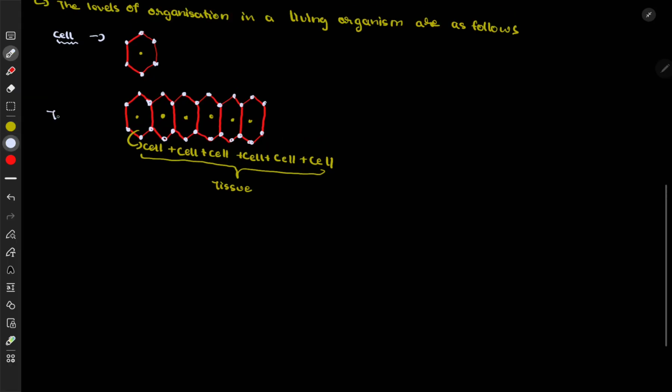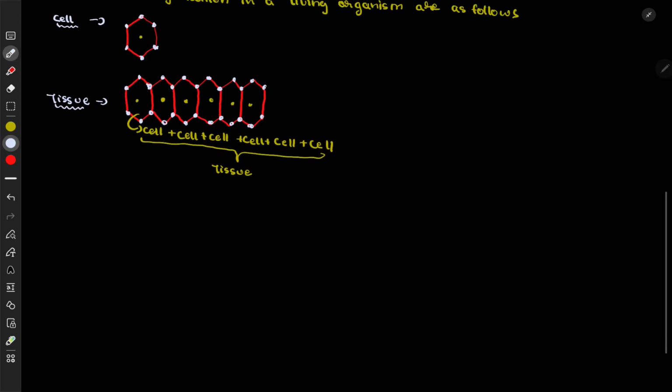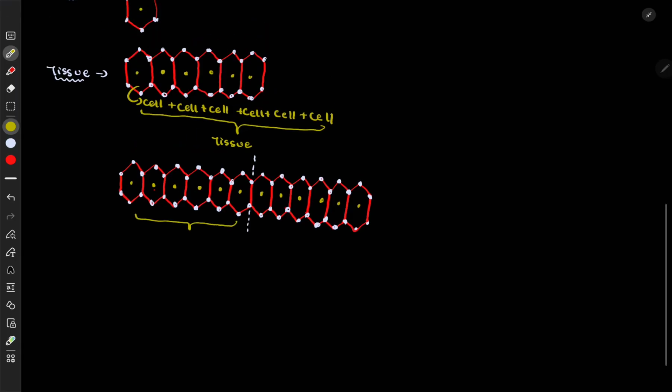So this is called a tissue. Fine. Let's say now I will duplicate this, 1, 2, 3, 4, 5, 6. Now see, this is my one group of tissue.